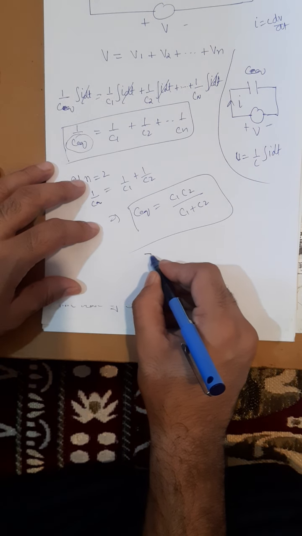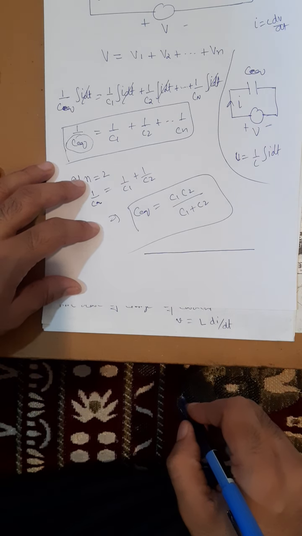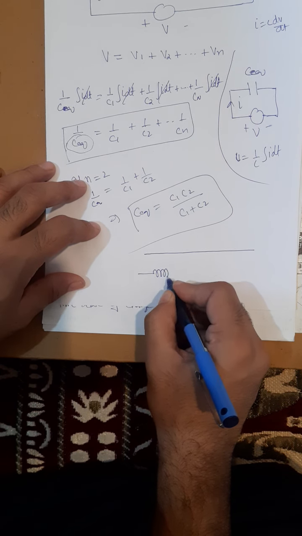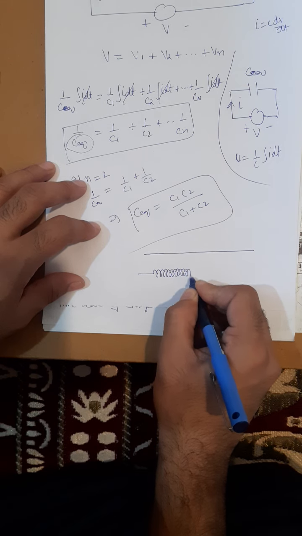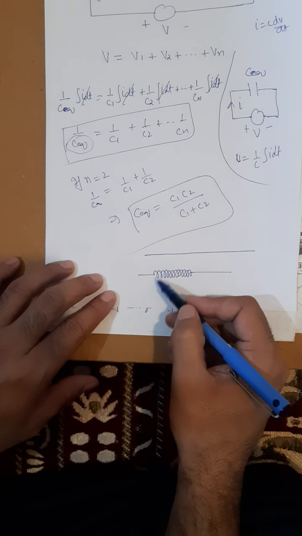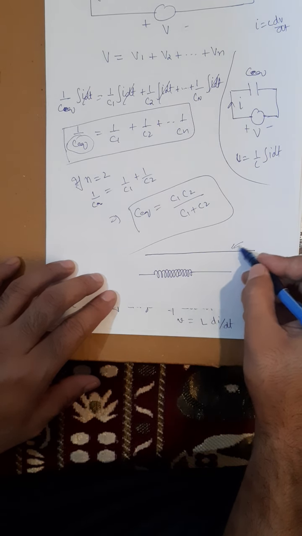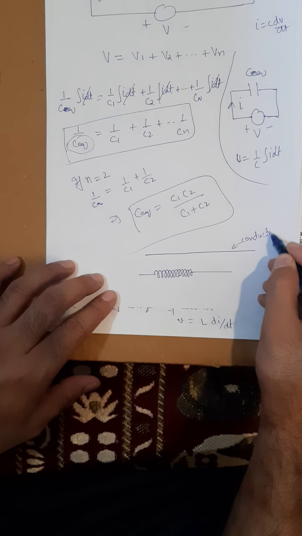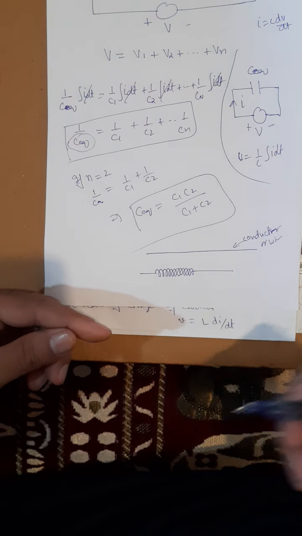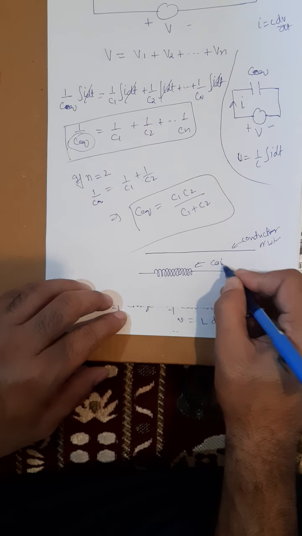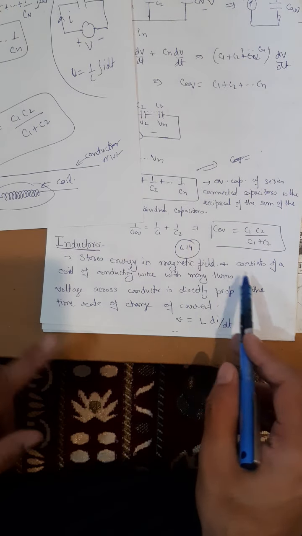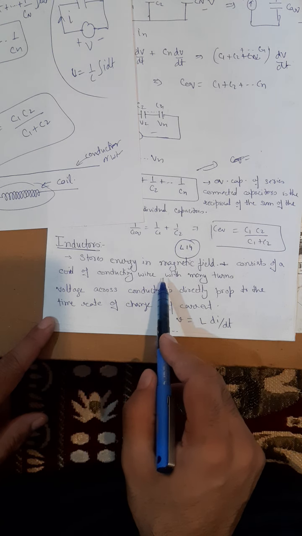This is my conductor, and I am making turns of this wire, and it has been converted into a coil. This is called an inductor.